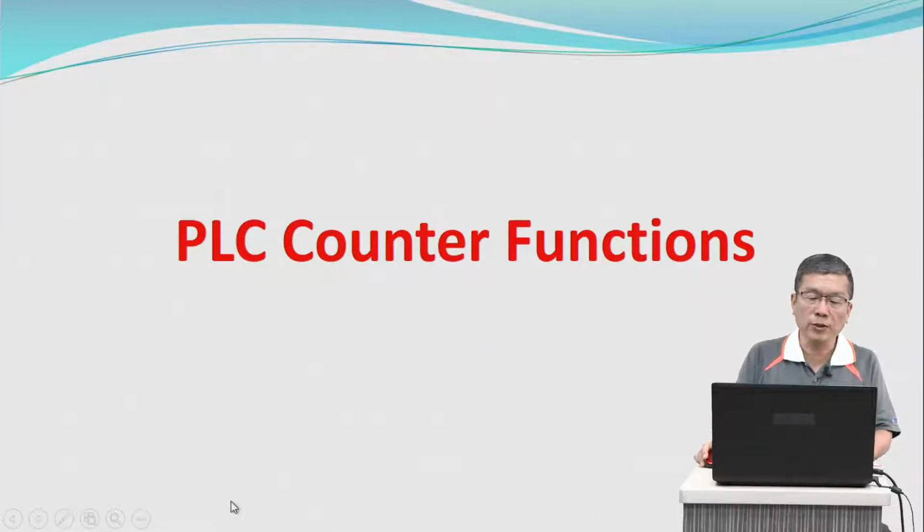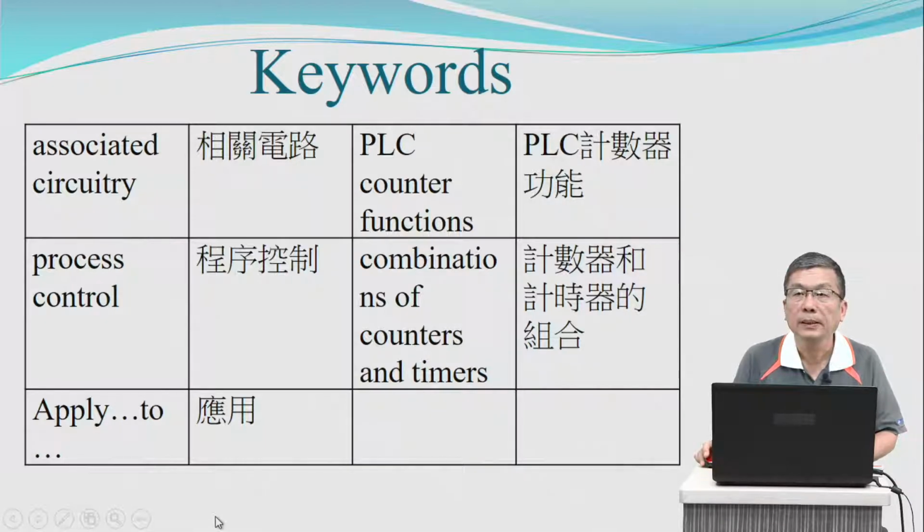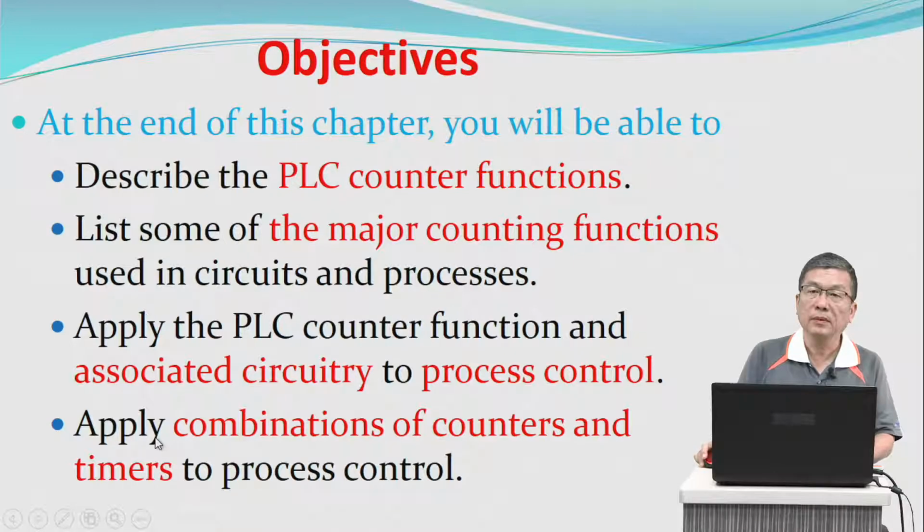PLC Counter Functions. Objectives, the keywords: Associated Circuitry, PLC Counter Functions, Process Control, Combinations of counters and timers. Apply to. At the end of this chapter, you will be able to describe the PLC counter functions.